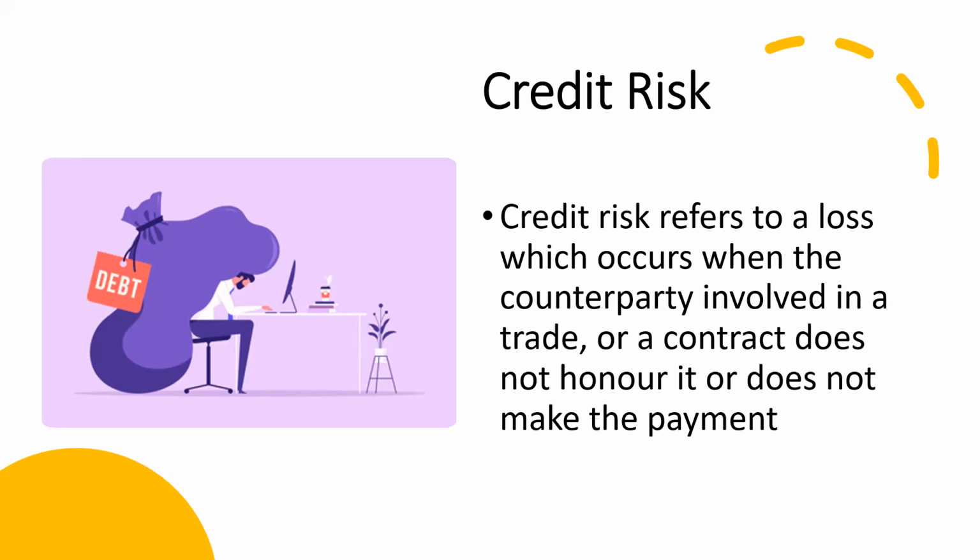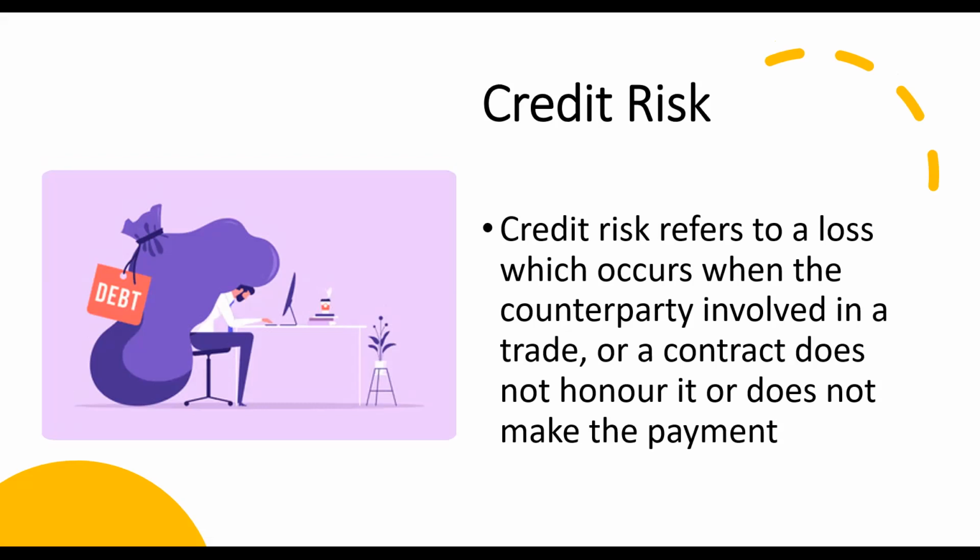So any loss to a company, or when there is an agreement and the counterparty is not making the right payment, then the risk faced because of that is known as credit risk. What will happen when there is credit risk?